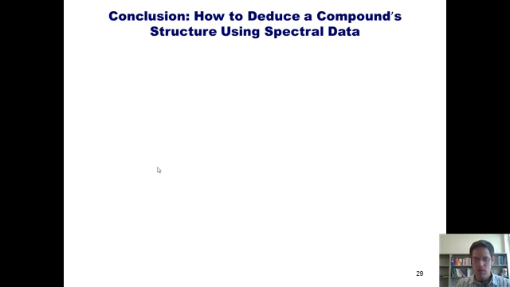And now we arrive at the final subject for this lecture, putting all of this together. How do we deduce a compound structure from spectral data? Here are my steps. Now I'm telling you, you don't have to do them in this order, but for me personally, I found this order to be the most useful way of being able to deduce a compound structure from spectra.